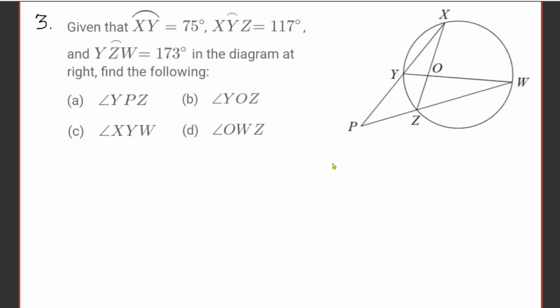Question number 3. Given that arc XY is 75 degrees, this arc here, and arc XYZ, the longer arc here, is 117.